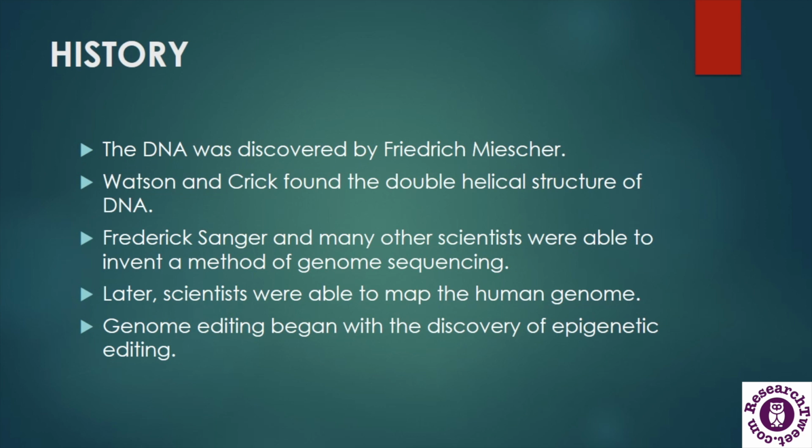With the sequencing of the whole genome of humans and other cellular organisms, genome editing began, and it became a reality with the discovery of nucleases and different other epigenetic editing tools. With the discovery of these genetic tools, the genome editing concept turned into reality.